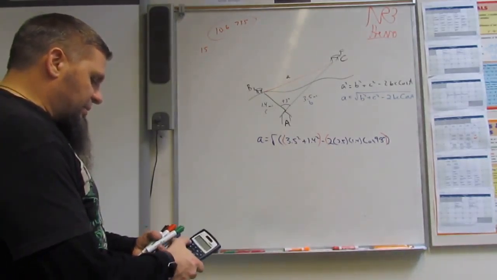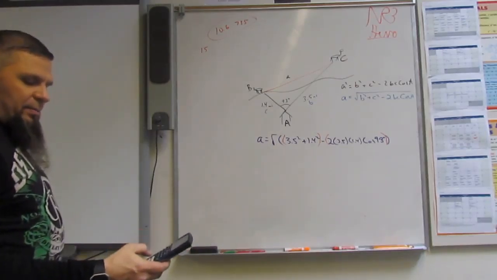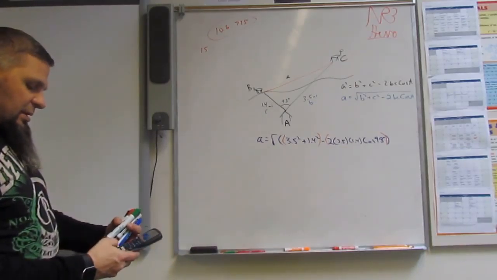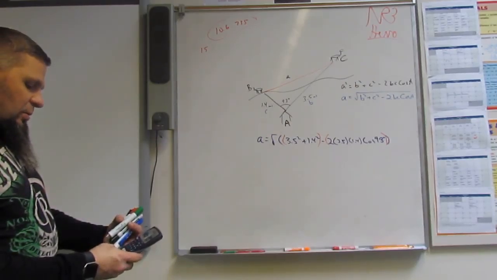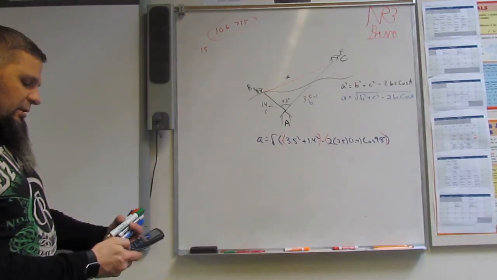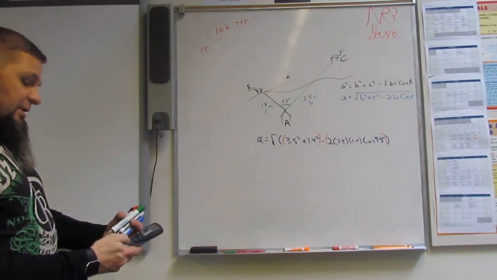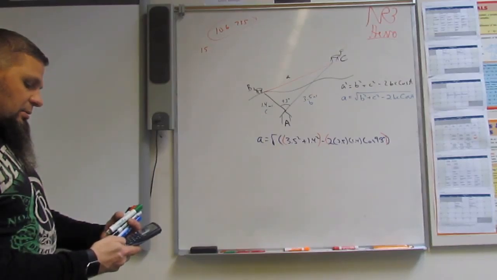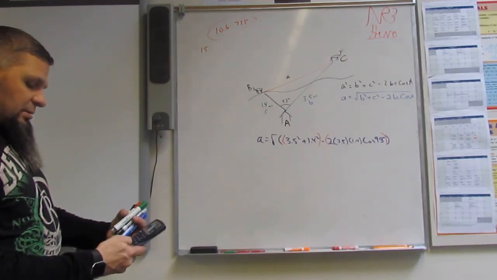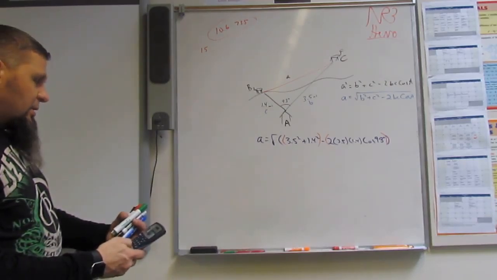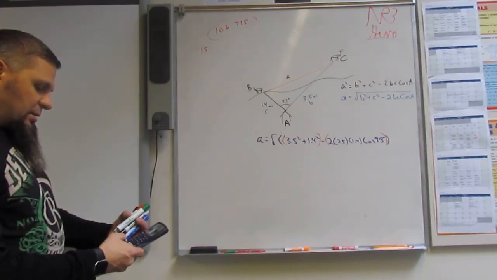So I've got the square root, so that's second squared. Gives you my square root, right? Make sure there's two parentheses there. And I got 3.5 squared plus 1.4 squared in the parentheses, minus, start a new parentheses, 2 times 3.5 times 1.4 times cosine 93.